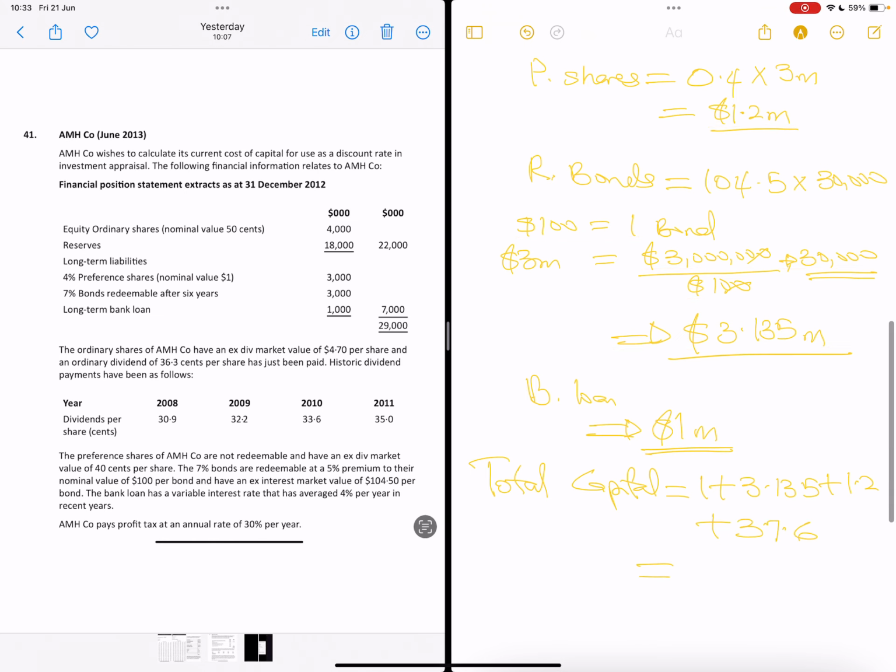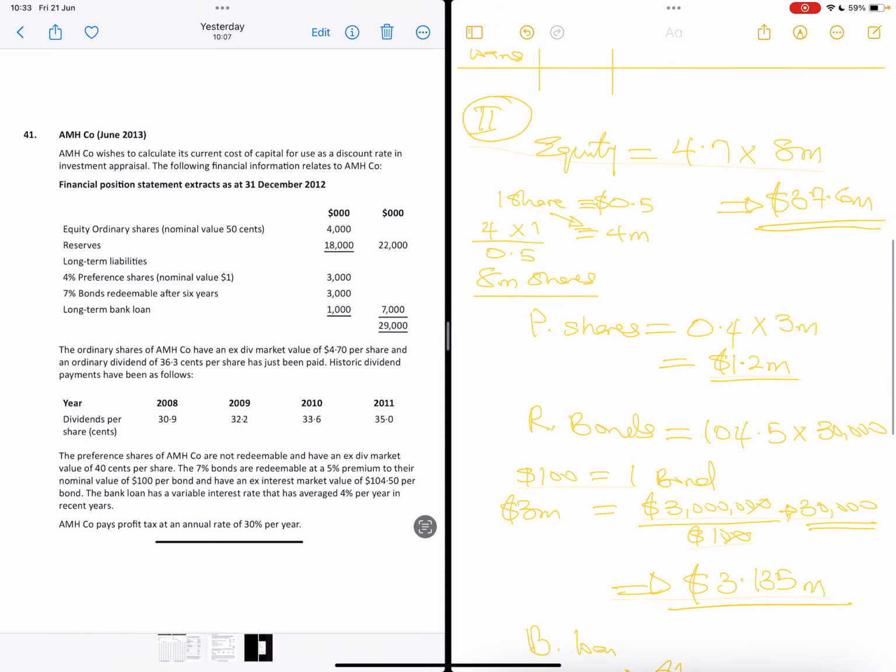If we add all of that together, we have 37.6 plus 1.2 plus 3.135 plus 1, and that gives 42.94 million. So this is the total capital that we have.